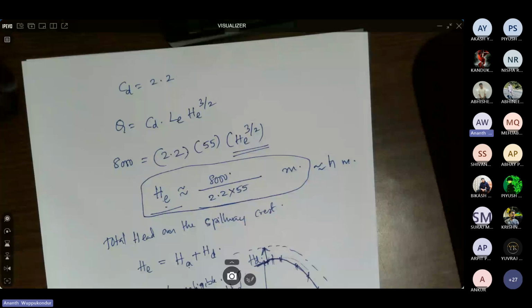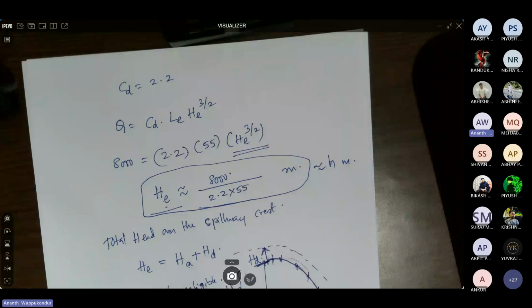We are not going to do an in-depth design of the gates of the spillway as well, but the design of a spillway profile is the important aspect that you need to keep in mind. So this is about the ogee spillway.